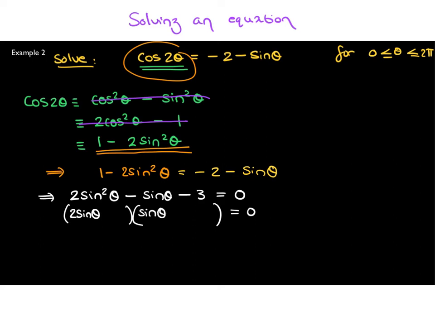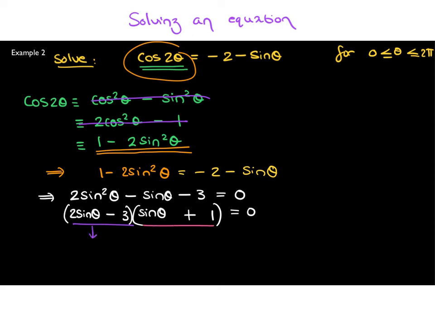I think we're going to have a 1 here and a 3 here. And I think this is going to have to be positive and this is negative. And always expand back to check that you have done the factorisation correctly. Now we have a pair of brackets which show 2 factors multiplying together to give us 0.